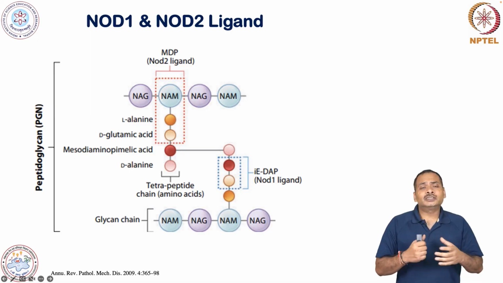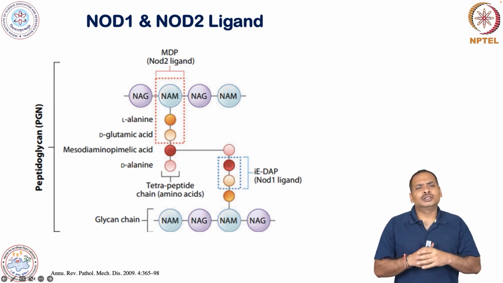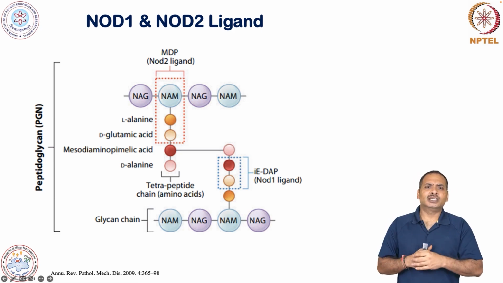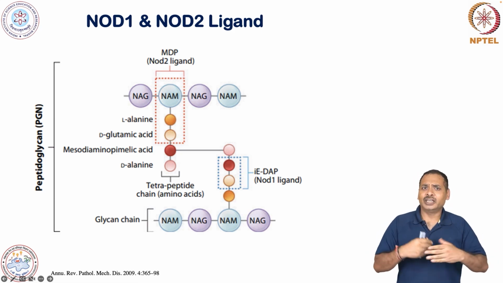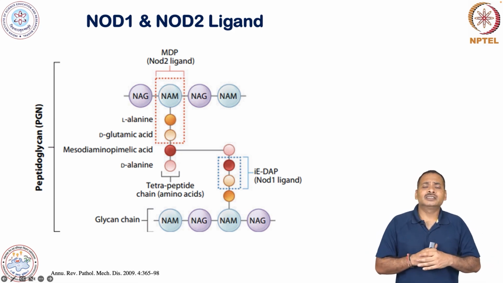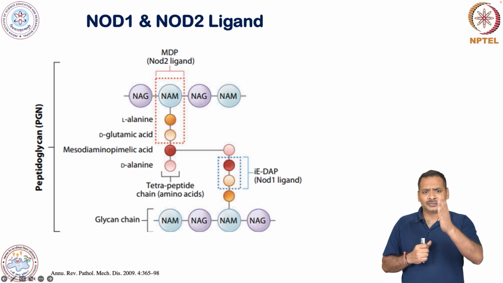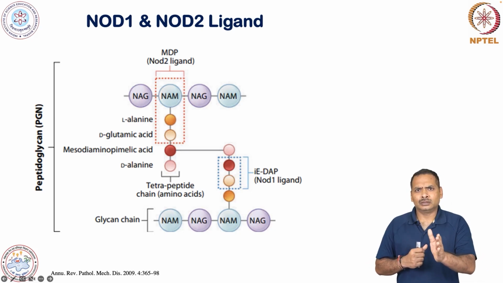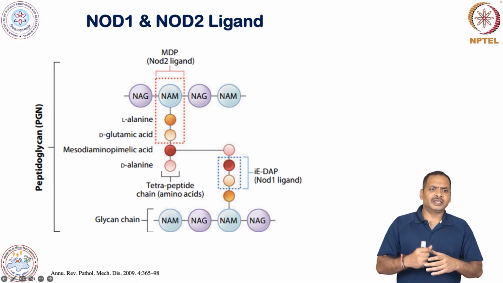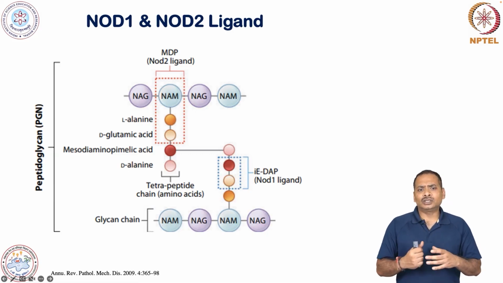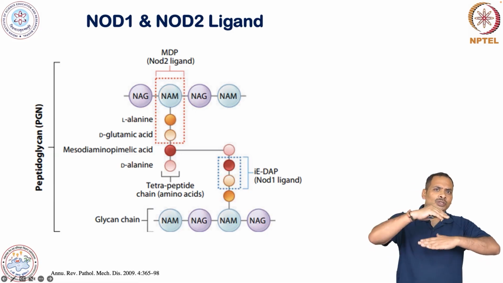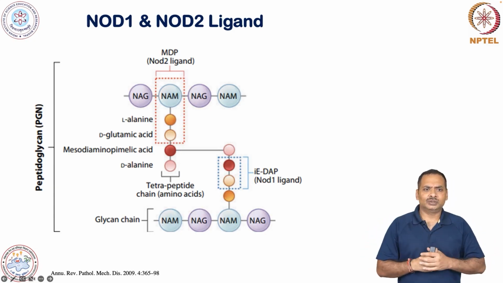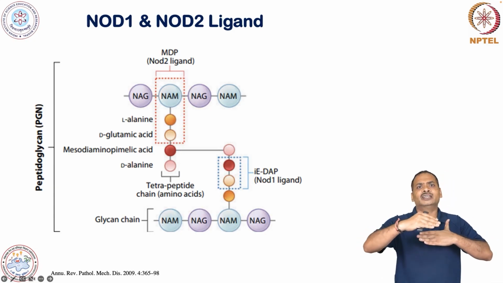There are other molecules making a cross-linkage between two of these polymer chains of NAG and NAM.